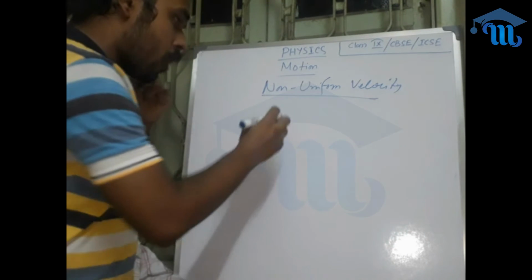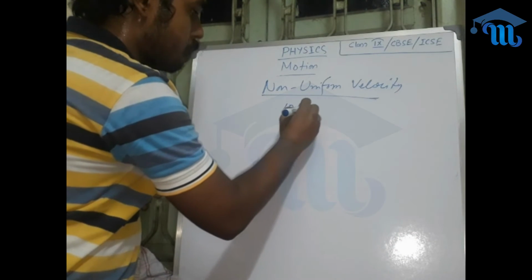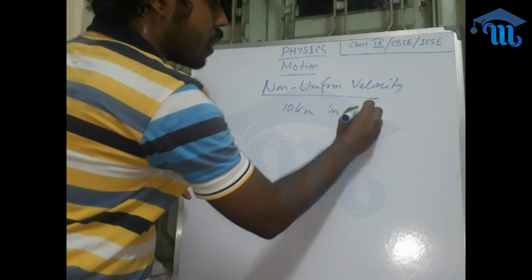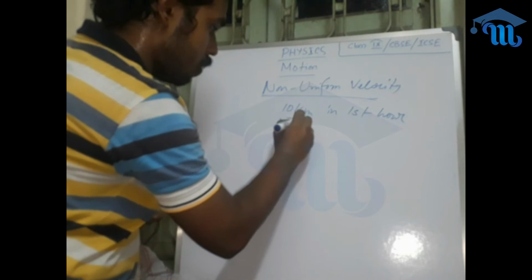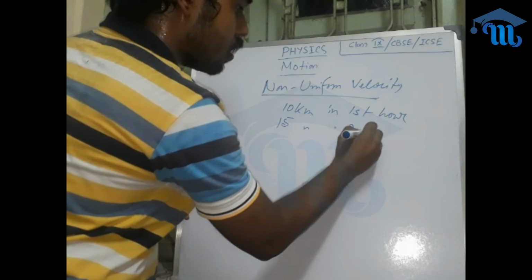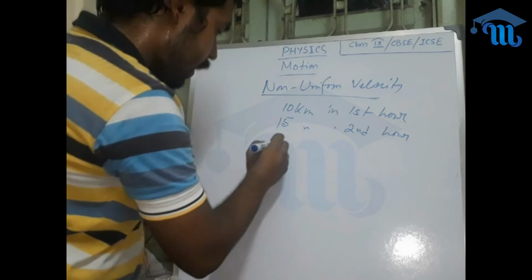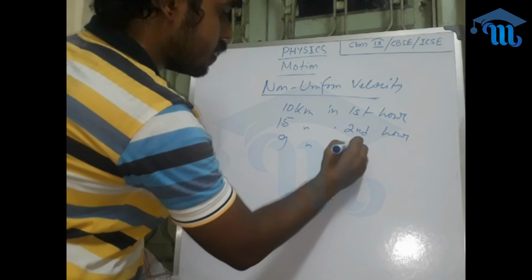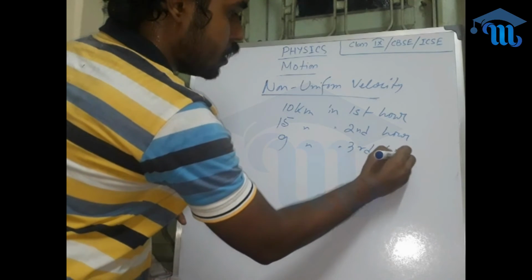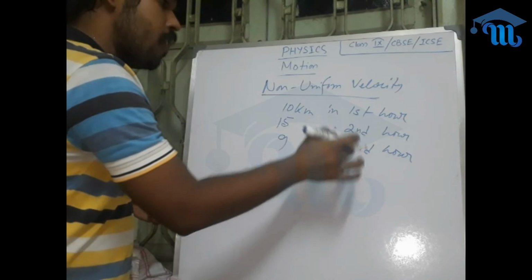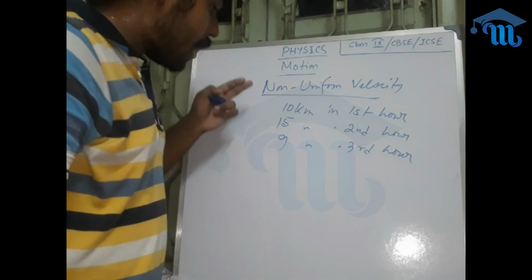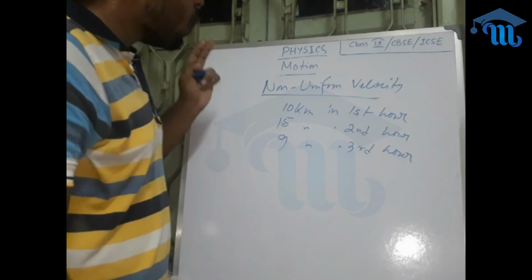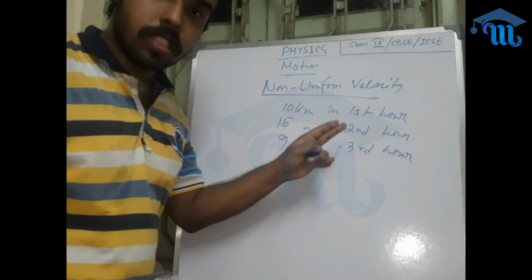Now consider a body travels 10 km in the first hour, and then 15 km in the second hour, and then 9 km in the third hour. You can see that in each and every time interval the distance is quite different, and because of that difference we will call it non-uniform velocity.